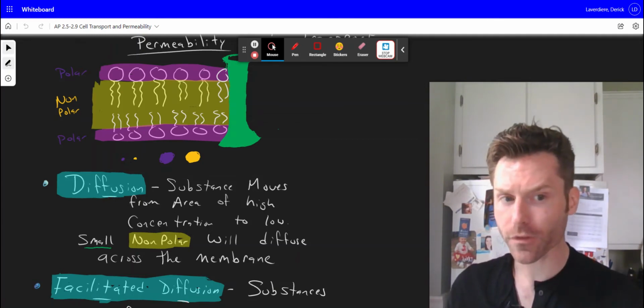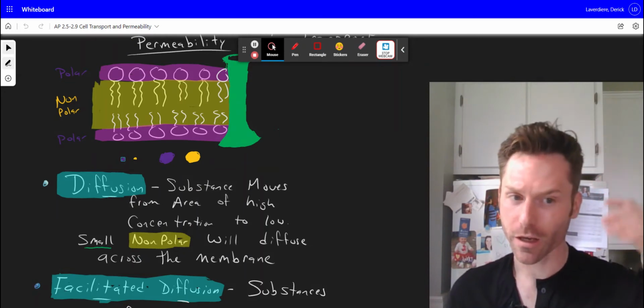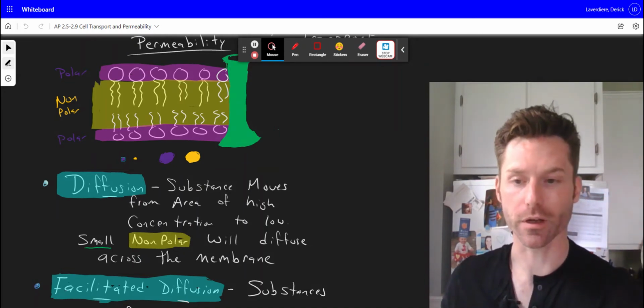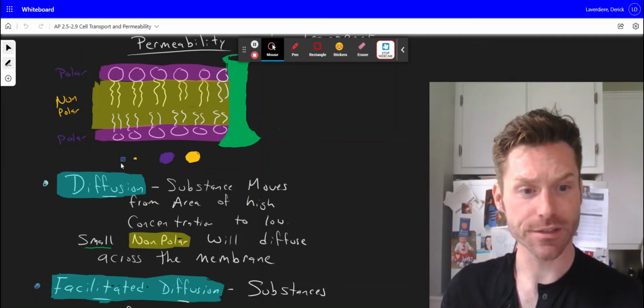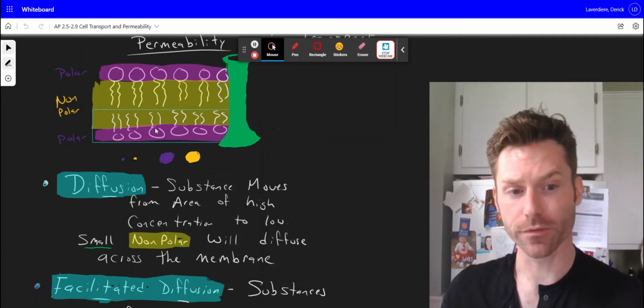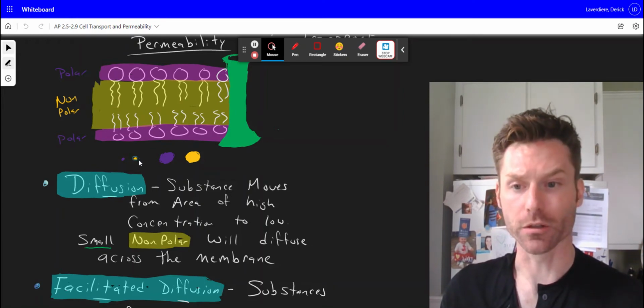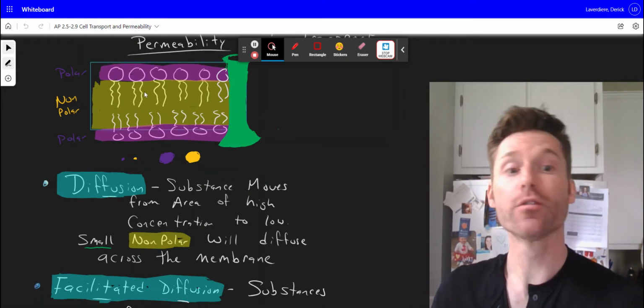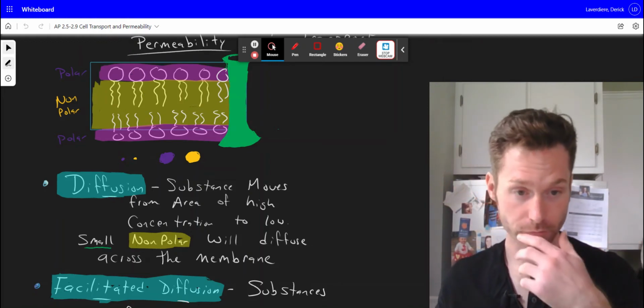Right? It doesn't happen very often. So we tend to say it doesn't happen just as a rule, like we pretend it never happens. Right? So we say that polar or ionic substances cannot cross the membrane through simple diffusion, where small nonpolar molecules cross the membrane through simple diffusion according to the concentration gradient.